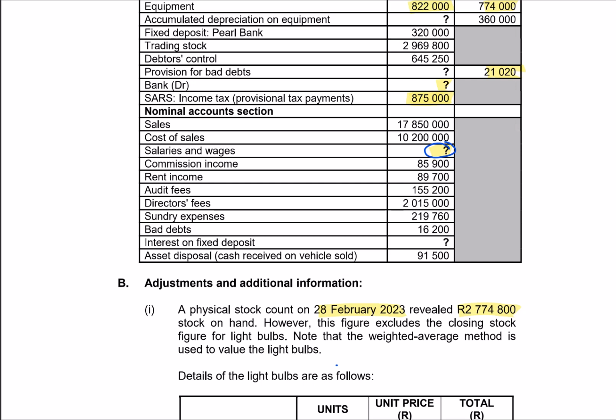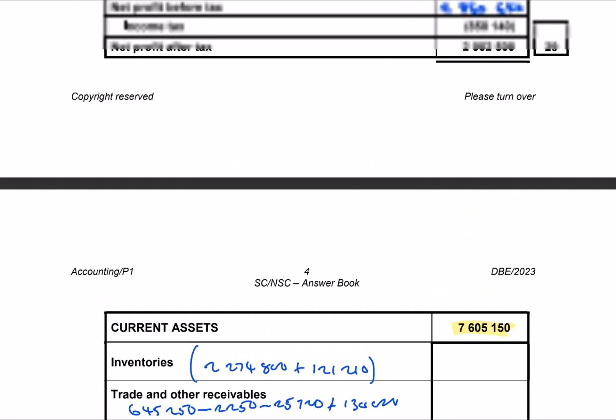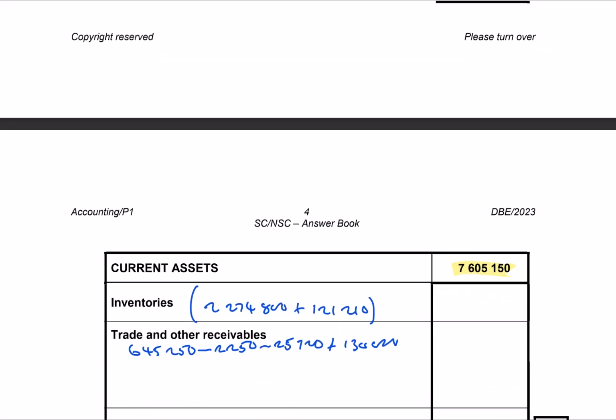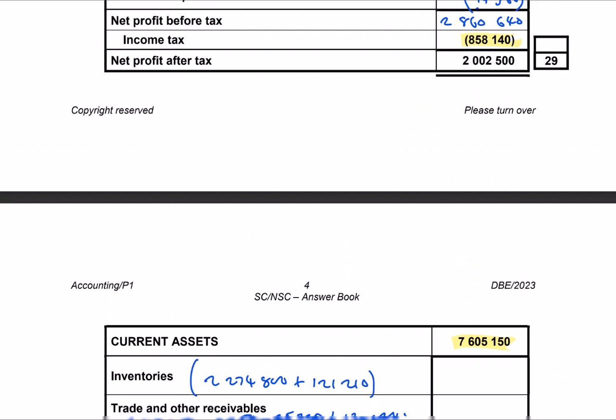Then tax that was calculated amounted to 858,140. That means they overpaid tax, so that becomes part of your current assets, trade and other receivables. So that will be plus again here 875,000 minus 858,140.